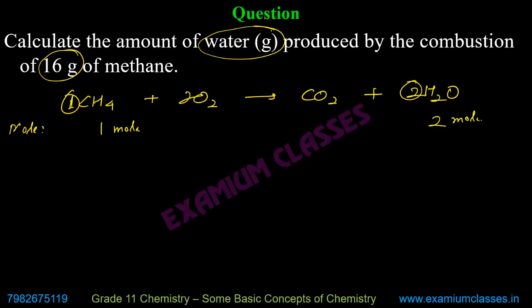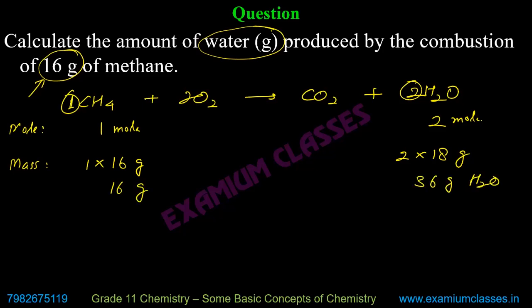Now, because we are talking in terms of mass, convert it to mass. 1 into 16 grams of methane will give me 2 into 18 grams of water, which means 16 grams of methane will give me 36 grams of water. And that's what is asked in the question.